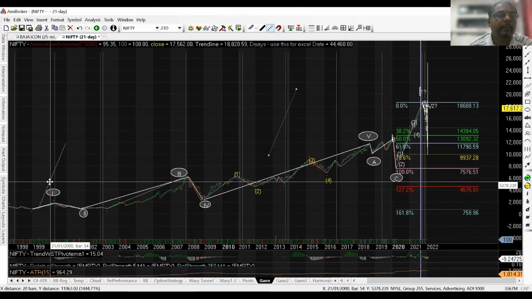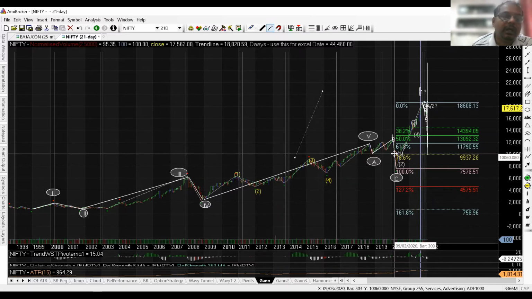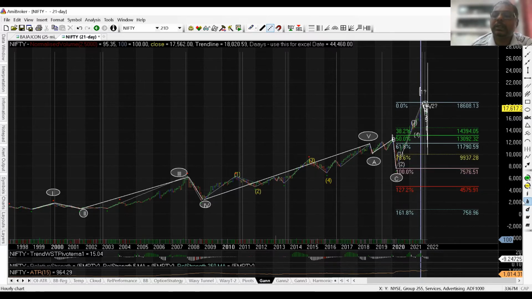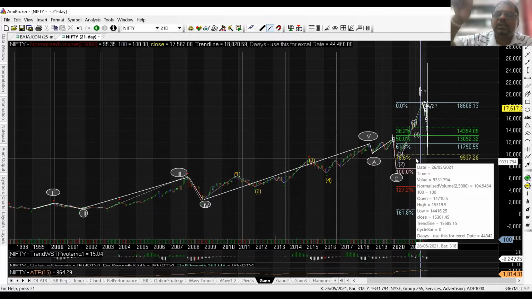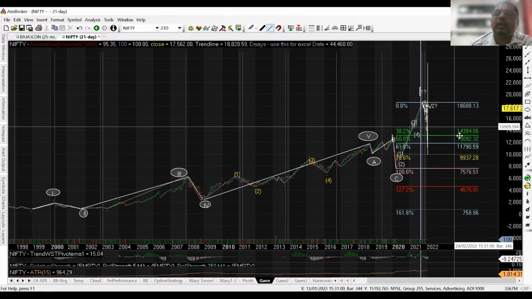Wave 3 characteristic: it is a very, very aggressive wave. It moves very fast. Another thing you would see, and I would show it later, whenever this level was crossed, you would see the candle structure. Usually whenever the resistance is passed in wave 3, you would see acceleration. That is what we have seen again.